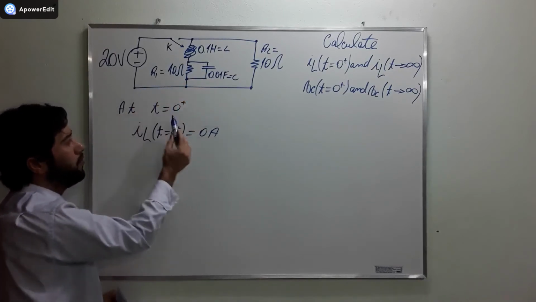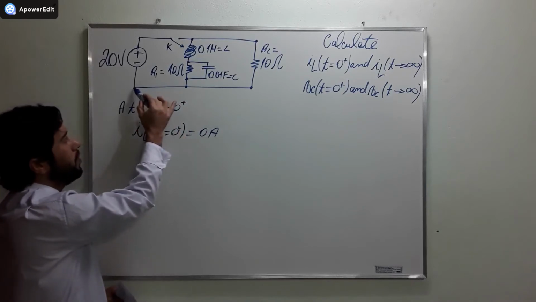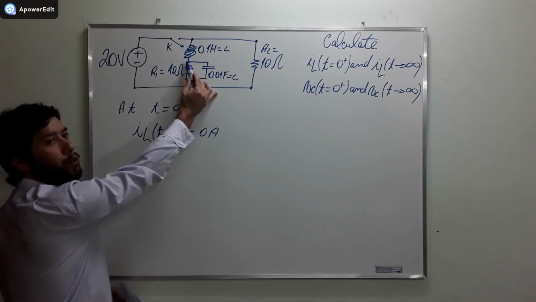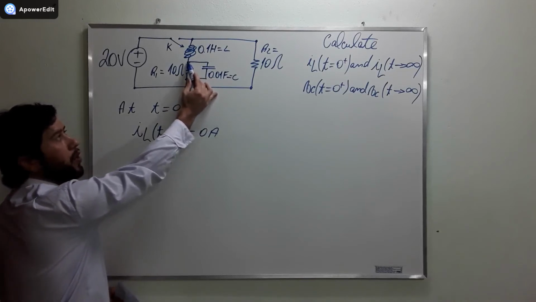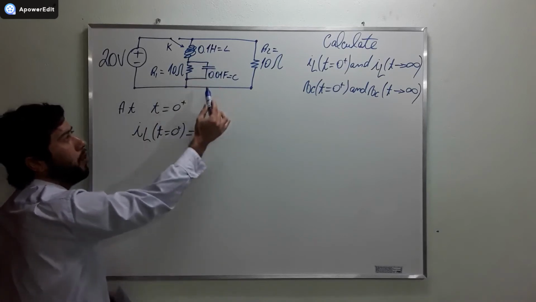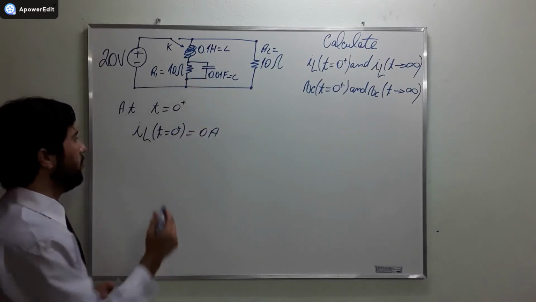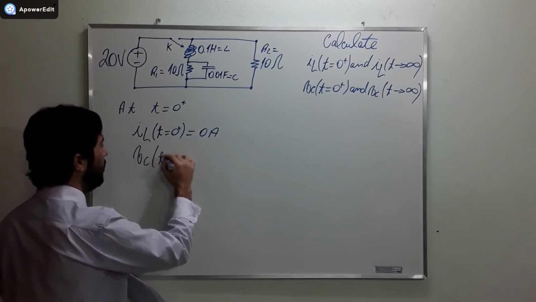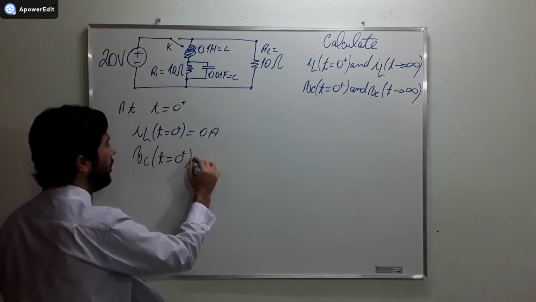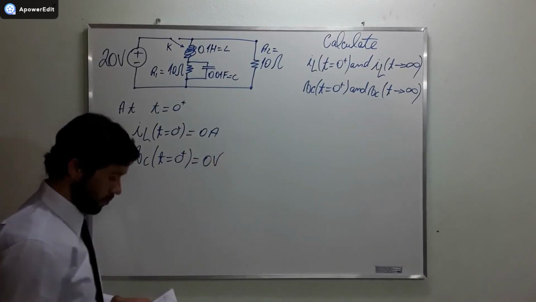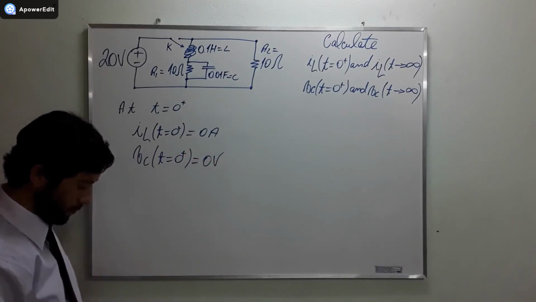If you put a multimeter here, you are going to feel this terminal here. And the voltage across the capacitor is 0. VC(t = 0+) is equal to 0 volts. Okay?